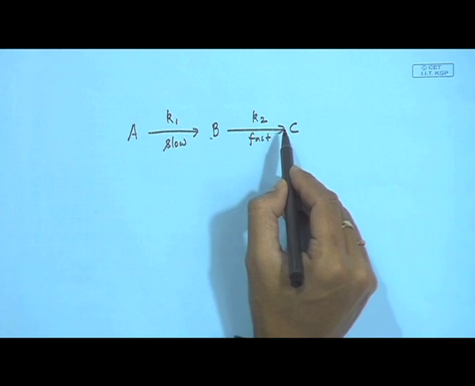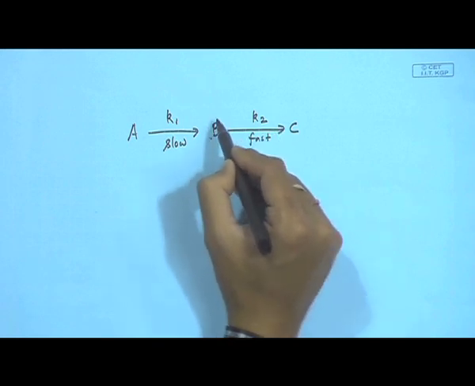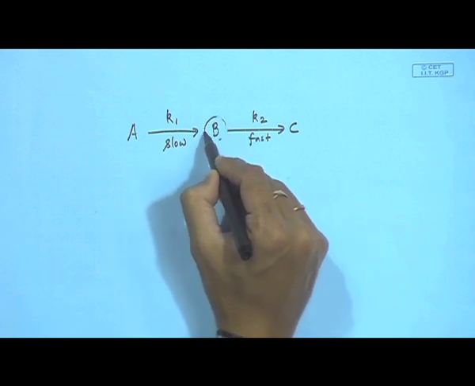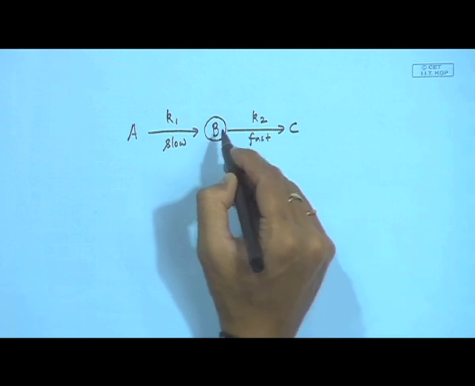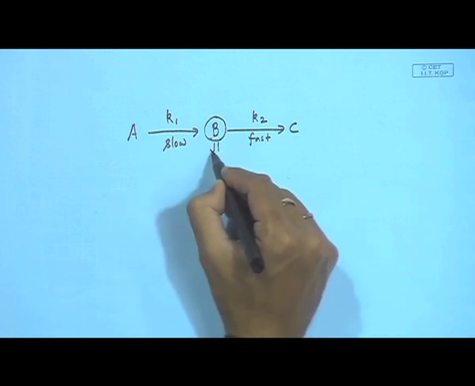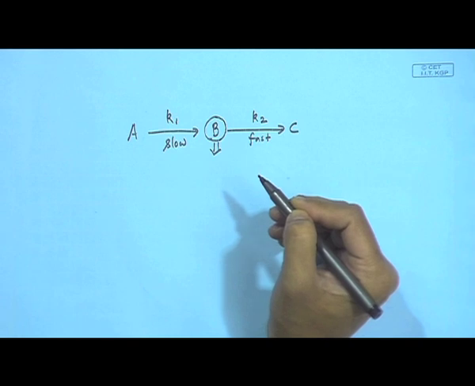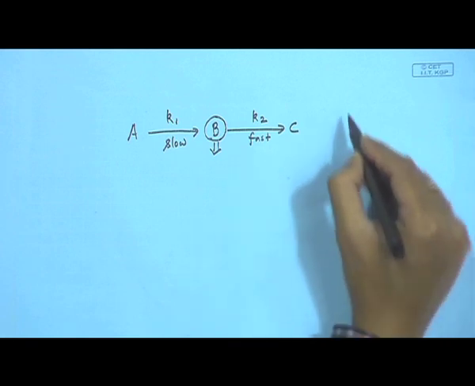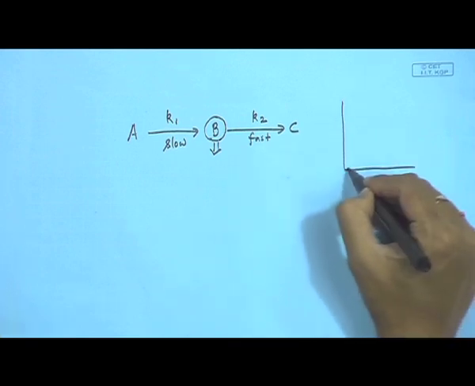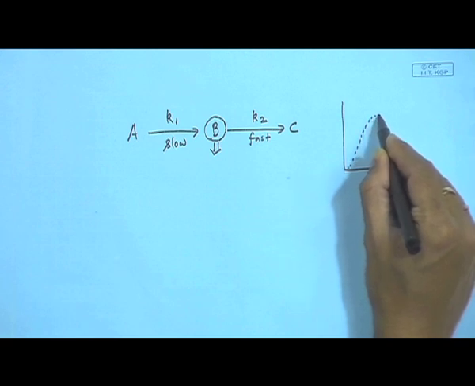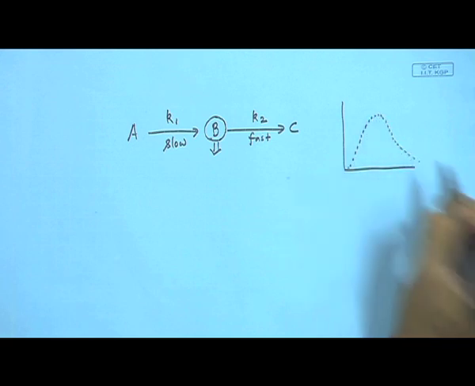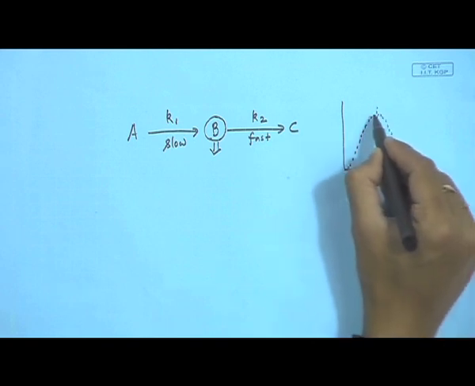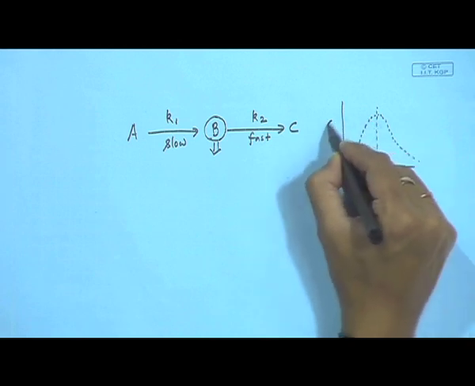So, steady state approximation means that, at least for a certain period of time, the concentration of B does not change. Recall the consecutive reaction discussion, that it is going up like this and then it is decaying. So, this is the time when the concentration of B is maximum.